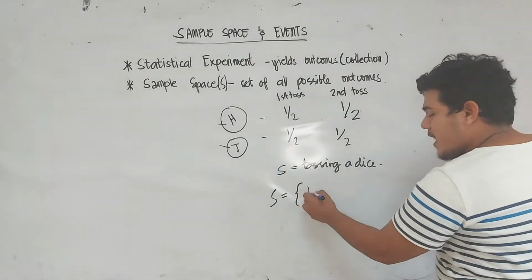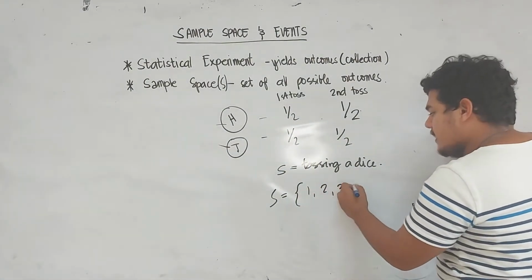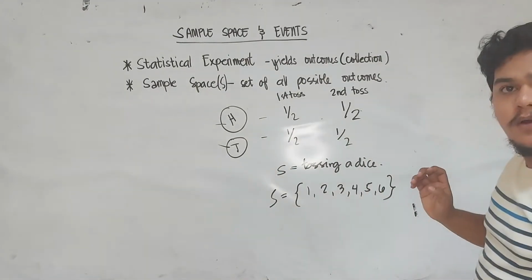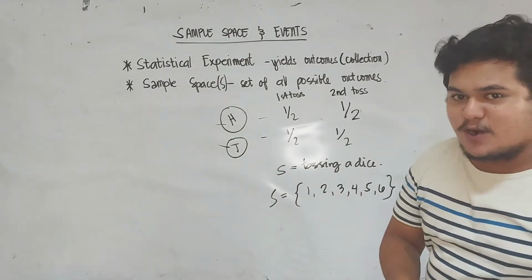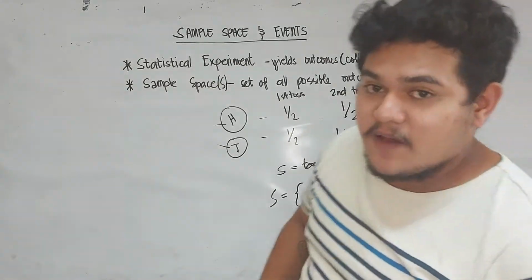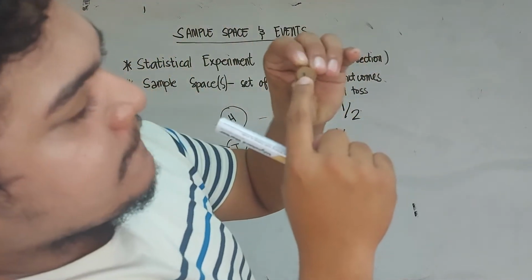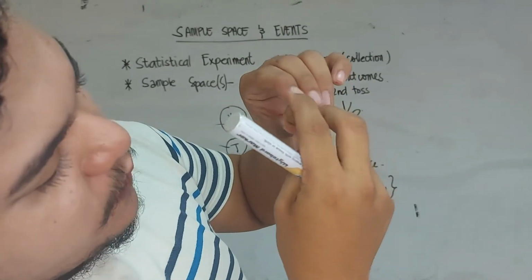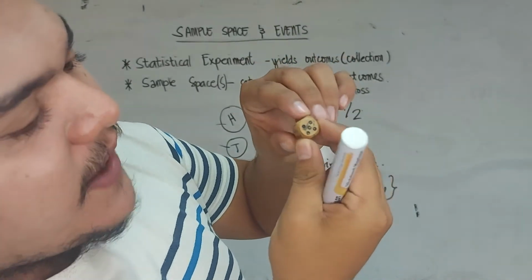We have 1, 2, 3, 4, 5, and 6. There are only 6 sides of a dice.